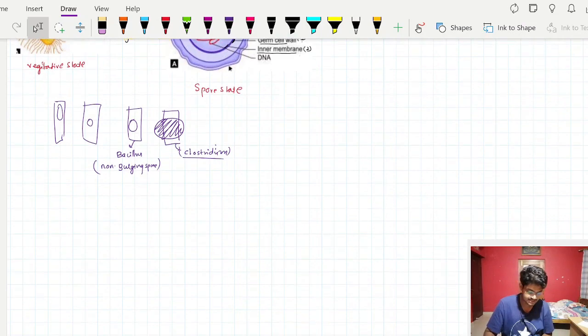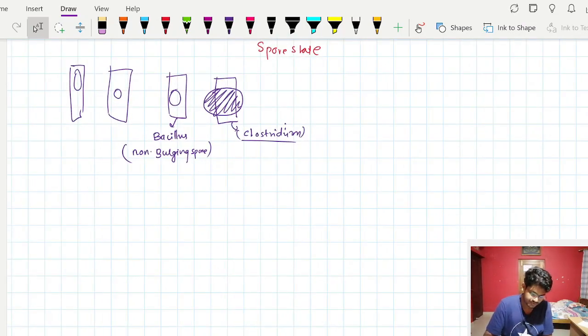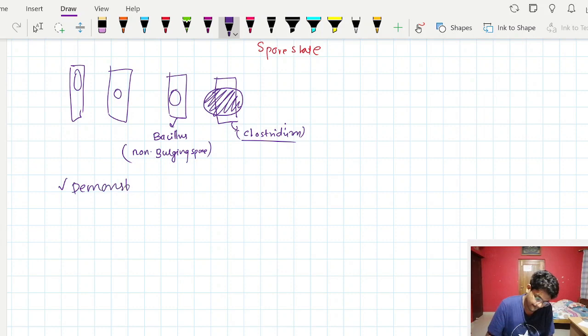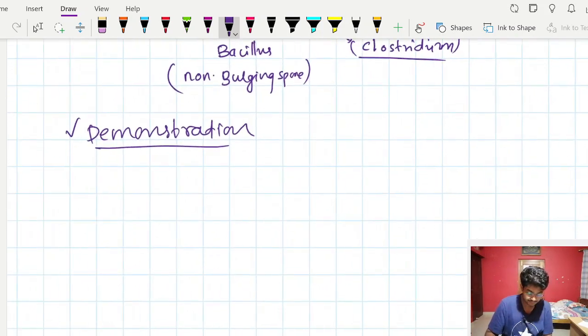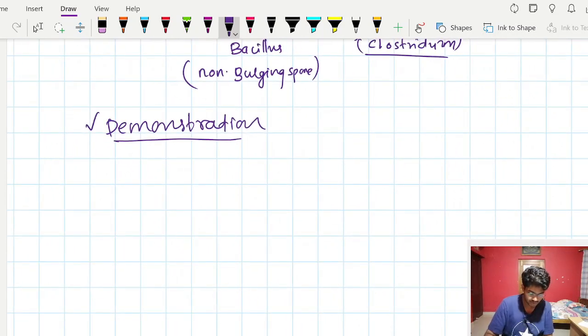Then next, let us discuss how we demonstrate spores. Firstly, spores are seen by our normal Gram stain.